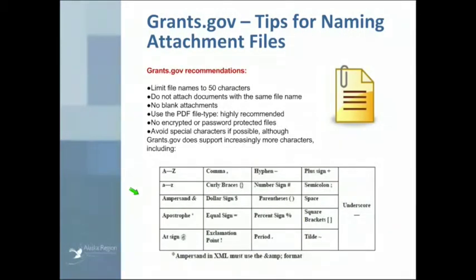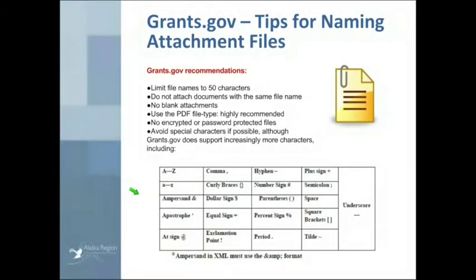Also, be certain that you do not encrypt or password protect any of the files that you're uploading. If you do, AMA won't be able to open them, and they probably won't get reviewed. Also, like I said before, try to avoid special characters.